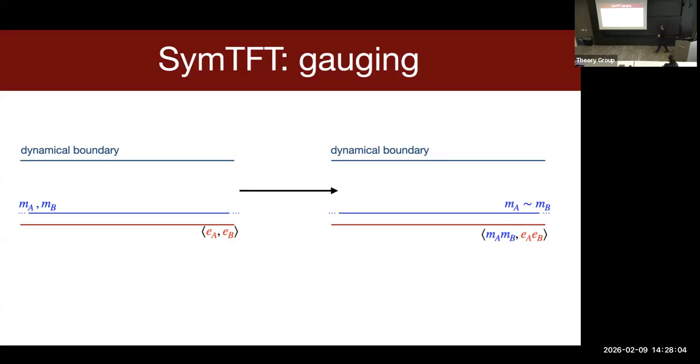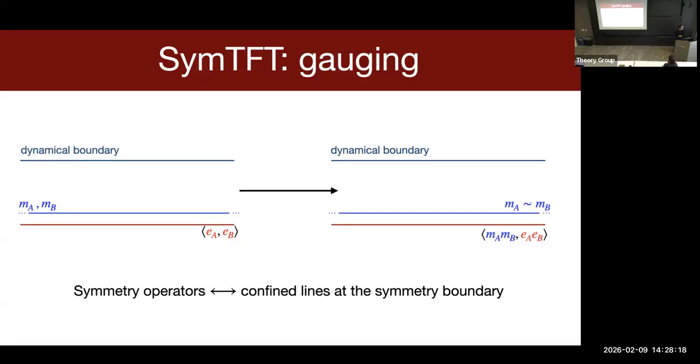We can now see that MA and MB get identified, because if I bring MA down to the bottom boundary, it becomes MB. That's what you'd expect when you gauge the diagonal subgroup. In general, you can read off the symmetry operators: they're the lines that are confined at the bottom boundary. The other confined line would be EA, which becomes identified with EB, and this EA or EB line is now the dual symmetry after I gauge the diagonal.